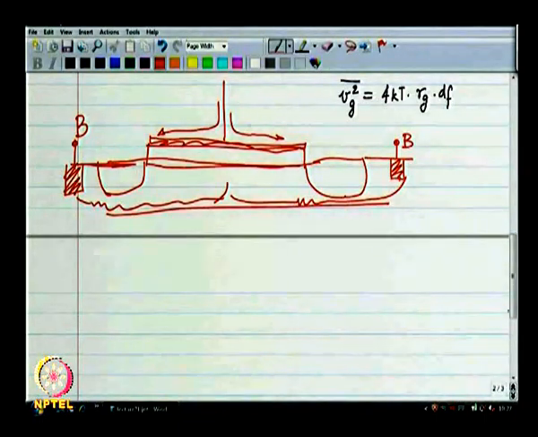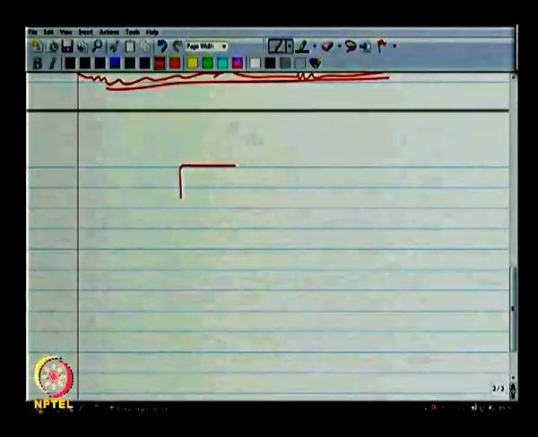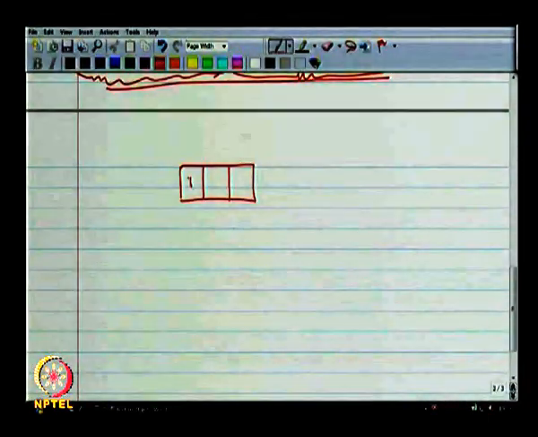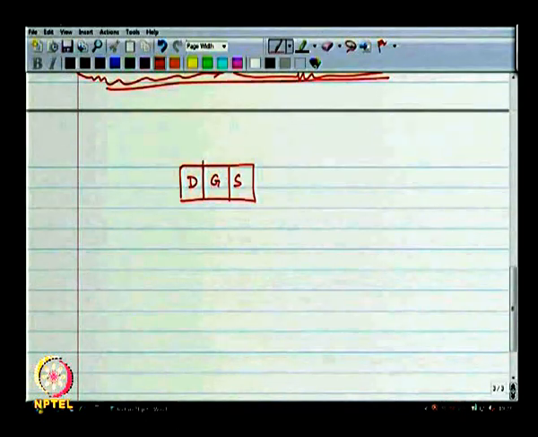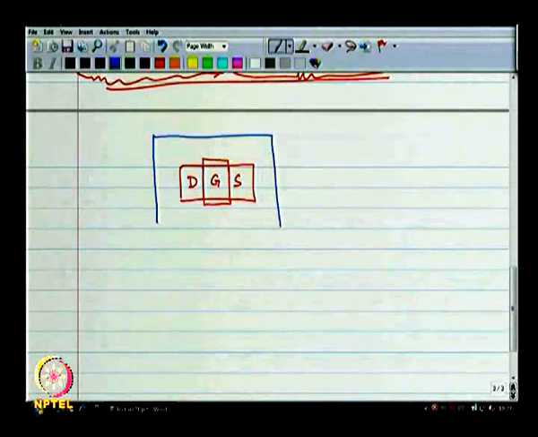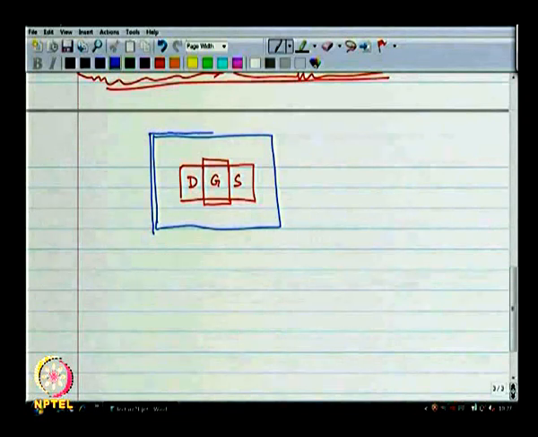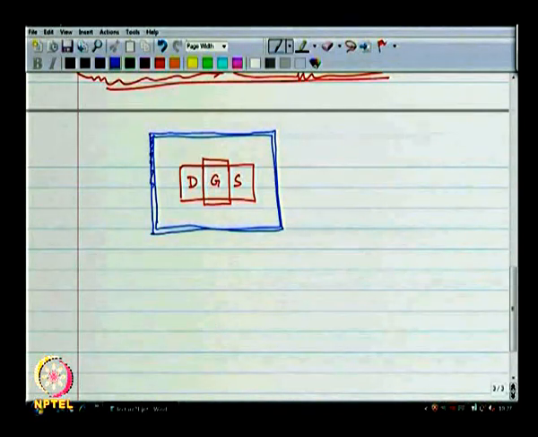So, on the top view, suppose this is my MOSFET, and around the MOSFET I have made a set of body contacts. This is the region over which I am making body contacts. It is called a guard ring.